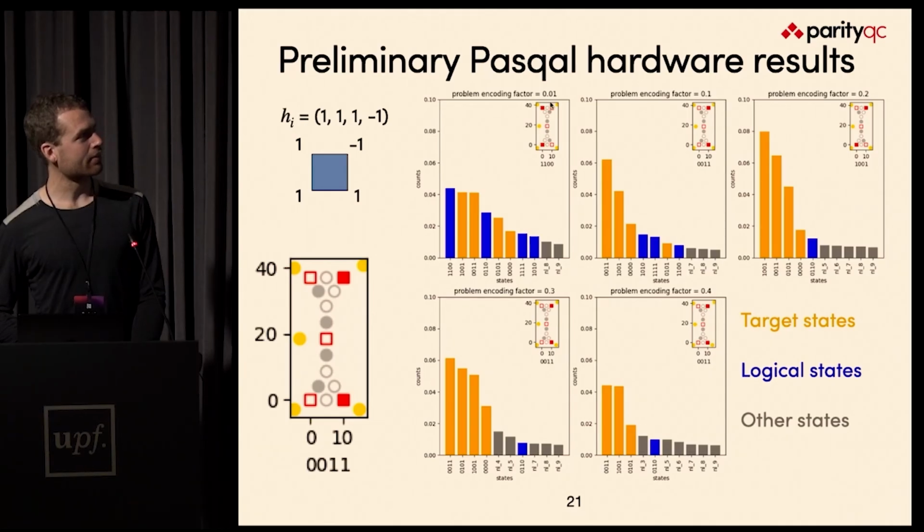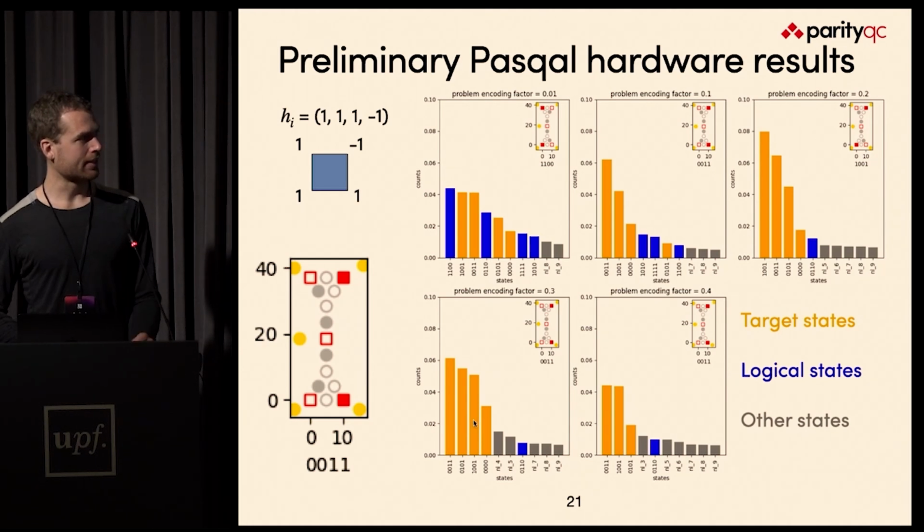And you can see that if you have this encoding factor at 0.01, then here you can see the counts, so the most likely states. You cannot really see the orange states showing up as the best states, but if you then look at this one, and especially also this one, you can see that for this problem encoding factor, the 4 most likely states are exactly the target states, so the ground states of this degenerate Hamiltonian.